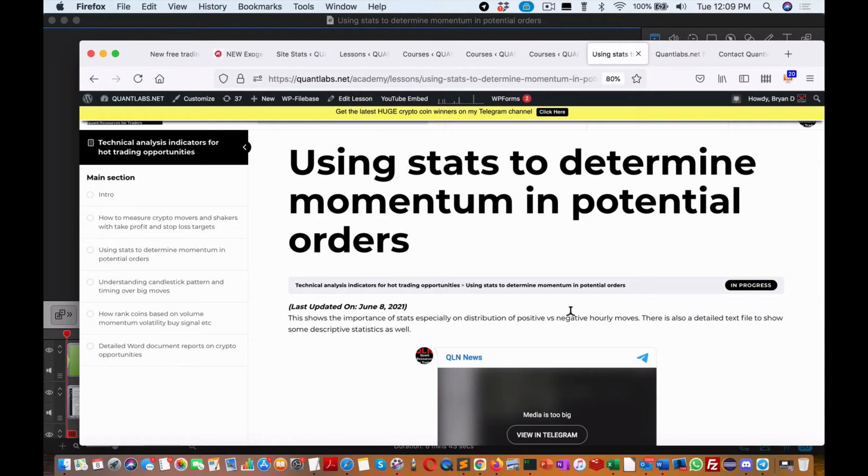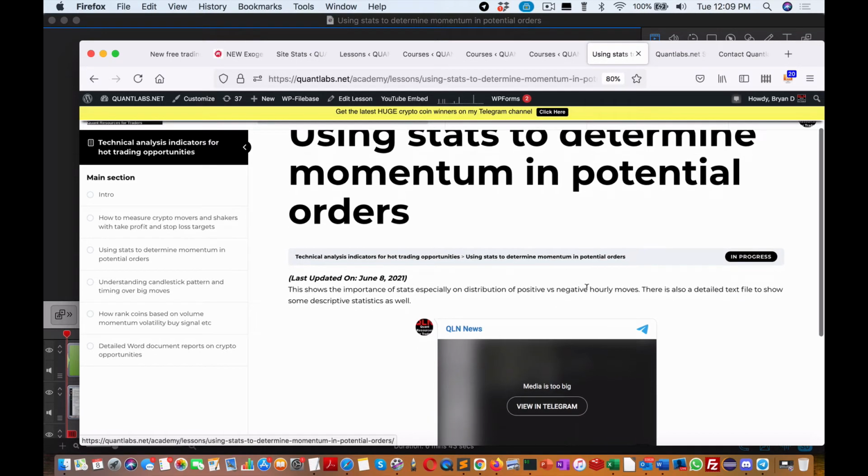Obviously you don't want to trade coins that have more negative returns than positive. Visually you'll be able to get that before you take a trade. That's just another way to filter out coins before you take those trades.